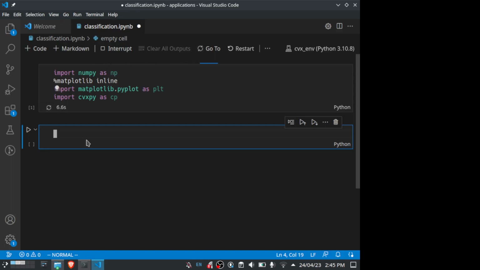Okay, so firstly we need to generate some points labeled 0 and 1.